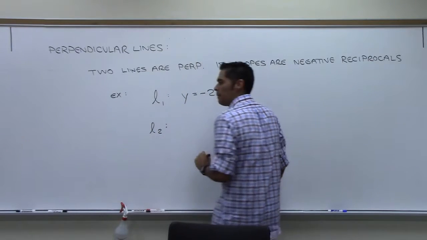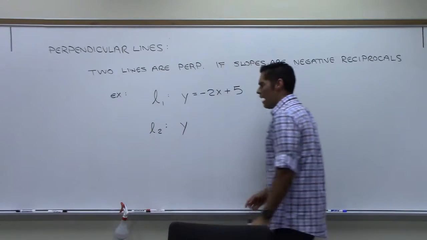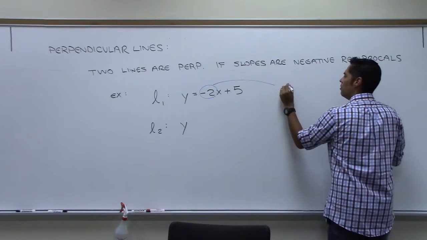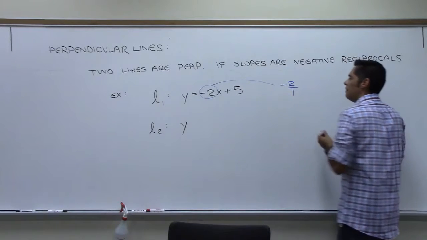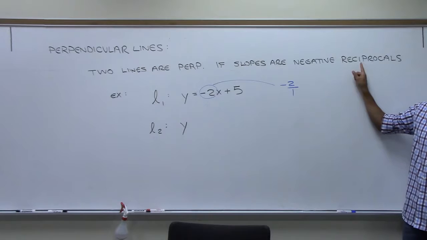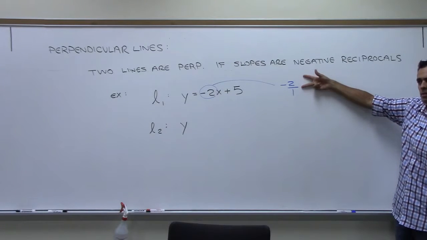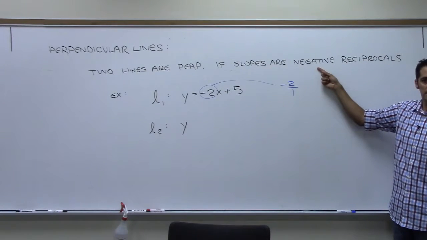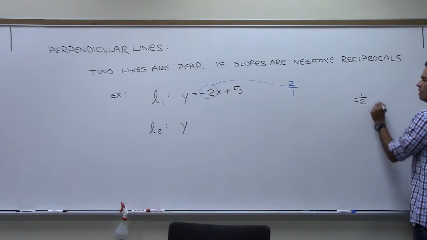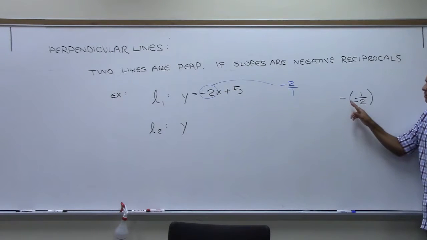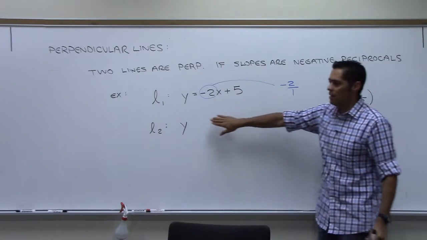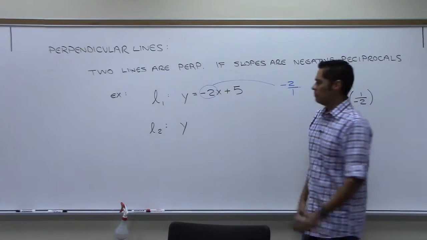If I want these to be perpendicular, then what I have to do is look at the slope of this line, which was -2 over 1, and I need to take its reciprocal, which is this fraction flipped, and then take the negative of it. So imagine flipping that fraction over, you get 1 over -2, wouldn't you? And then make it negative, so you'd have a negative of a negative, which would become positive. So the slope of this line must become positive 1/2.